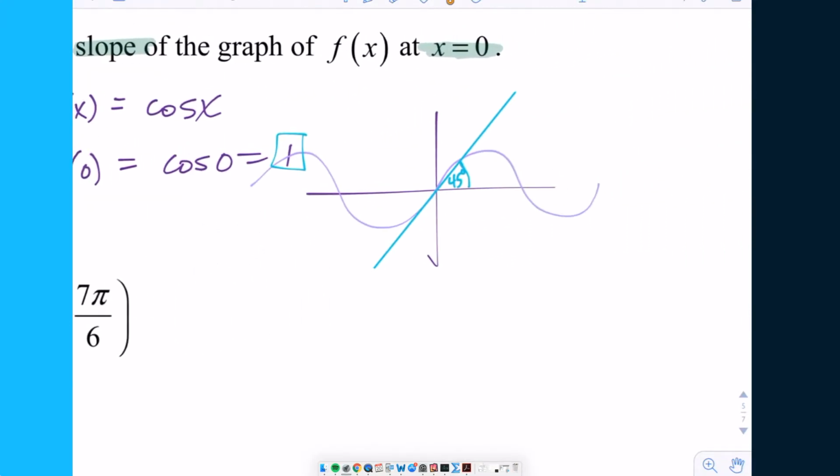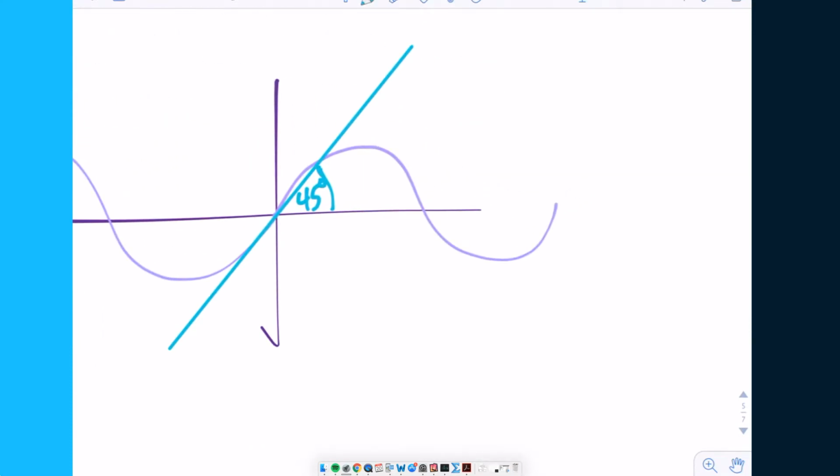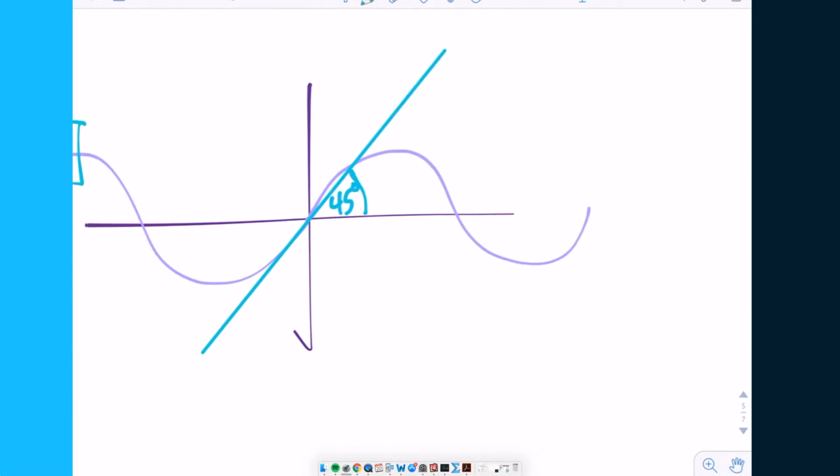Now f prime of 7 pi over 6. Let's see if we can predict it over here. Where's 7 pi over 6 in relation to the full cycle of sine? Yeah, just below that. That's pi, so 7 pi over 6 is going to be something right around there.